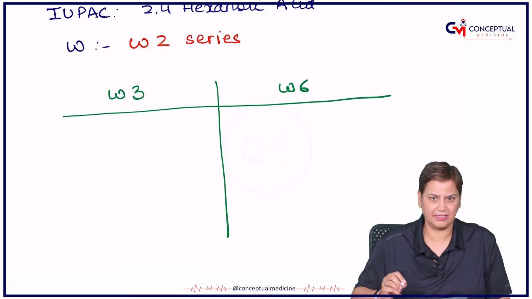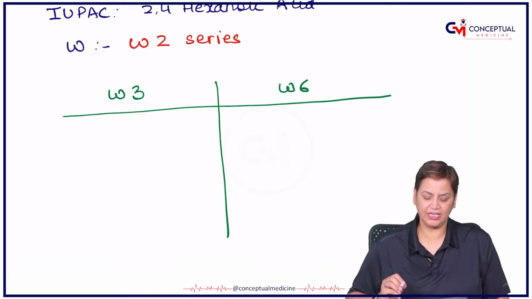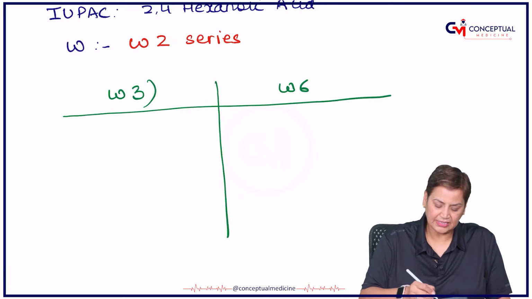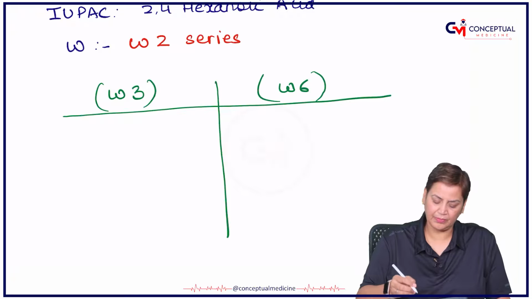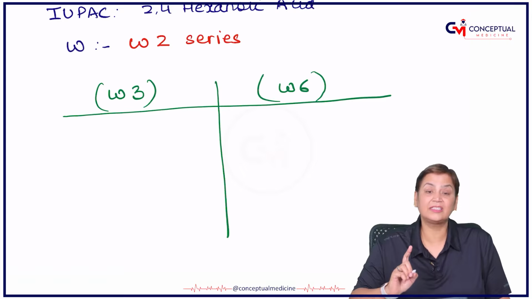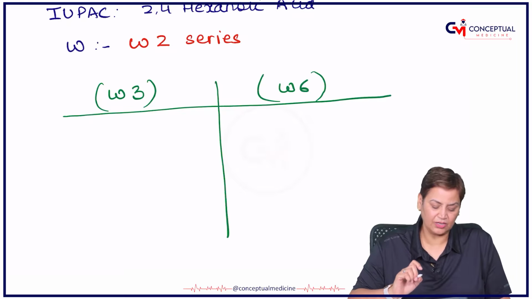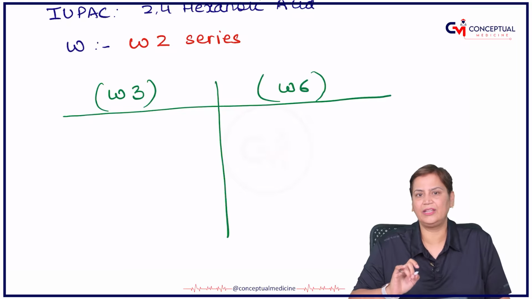The fatty acids are differentiated on the basis of omega 3 and omega 6. Omega 6 in comparison to omega 3 is considered to be harmful, and omega 3 is considered to be cardioprotective in action.